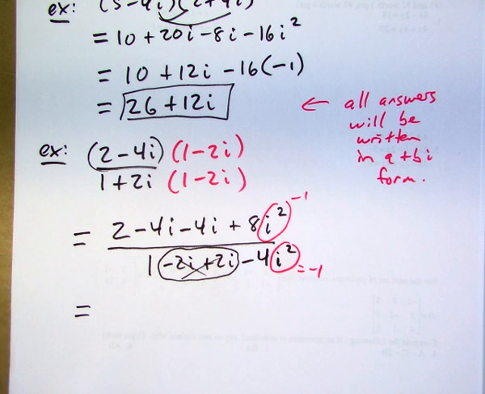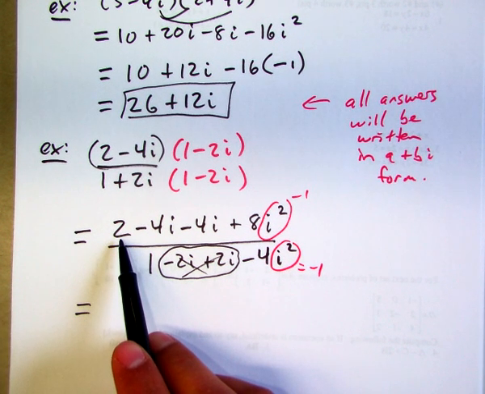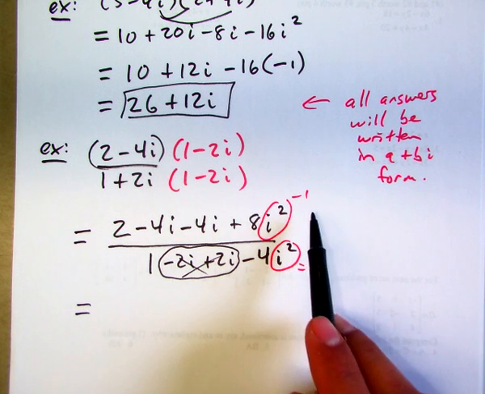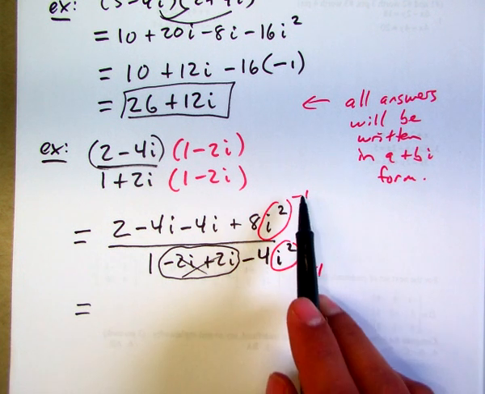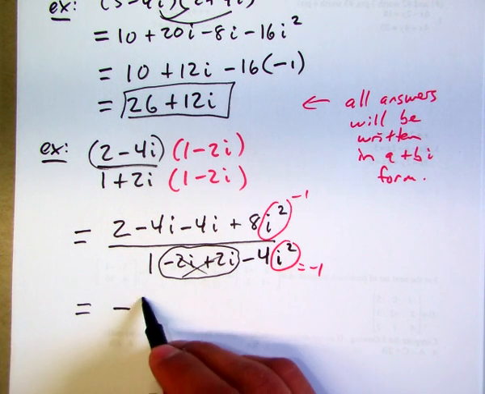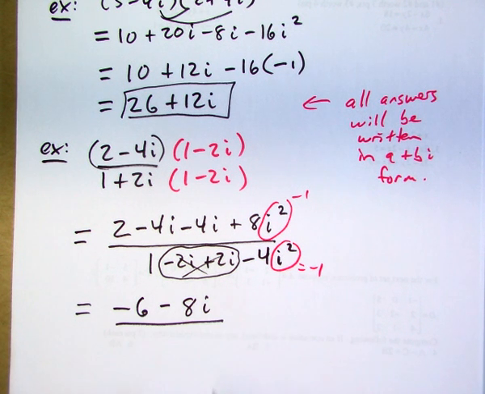In the numerator, this 2, what do I do with it? What do I combine with the 2? 2 and -8. Very good. So that's -6 minus 8i over 5. 1 plus 4 is 5.